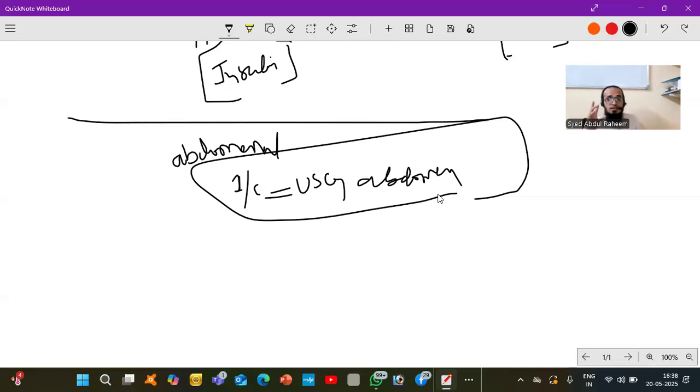These are the first four organs. Next two organs, liver and gallbladder. The last two organs, pancreas and spleen. So any abdominal symptoms, you have to go for ultrasonography. This is the stamp, you have to remember.